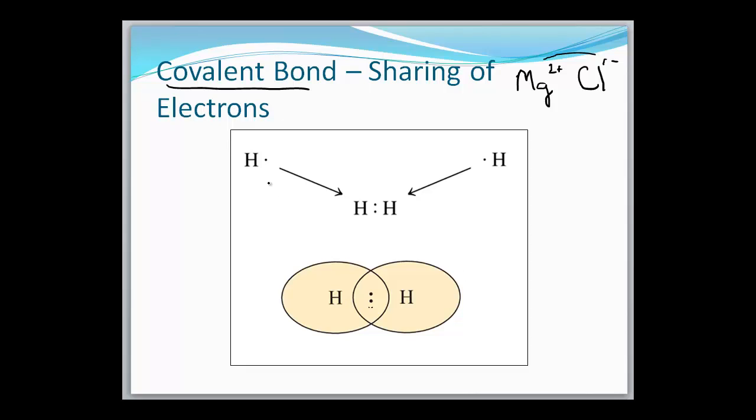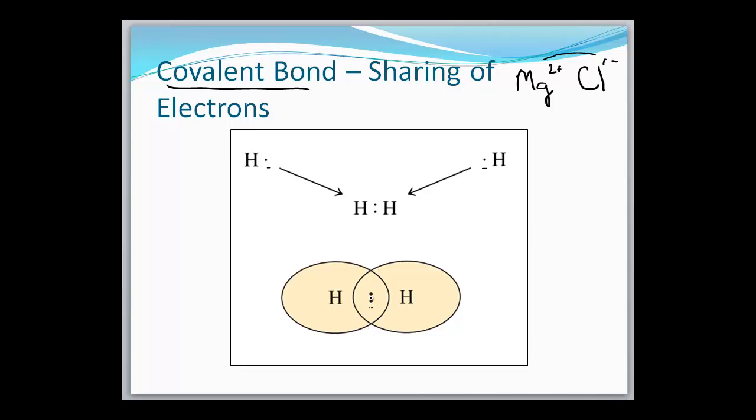So instead of the hydrogen giving up that electron and another hydrogen taking that electron, what the two hydrogens do is come together with their valence electrons, and they share those valence electrons in their orbitals. And we'll talk a little bit about how those orbitals act, but for now, what we can say is those orbitals overlap.